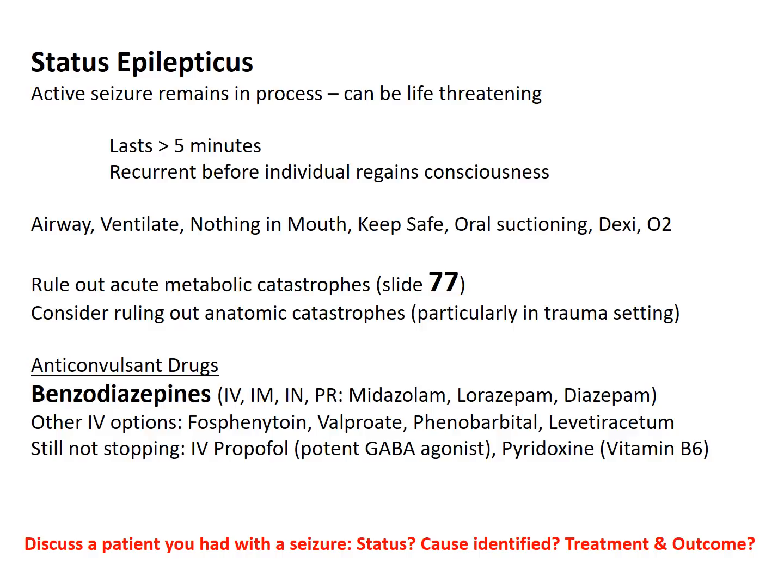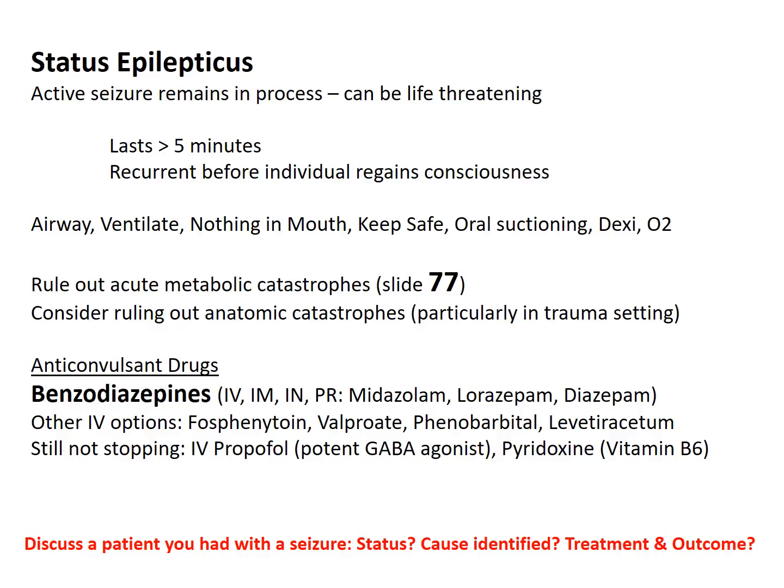Again, seizure is too much electrical stimulation, so you want to inhibit it. You need to make it more electronegative. And that's what benzodiazepines do. They put more chloride, more negative charged ion into that neuron and inhibit its firing. Very effective for stopping status epilepticus.